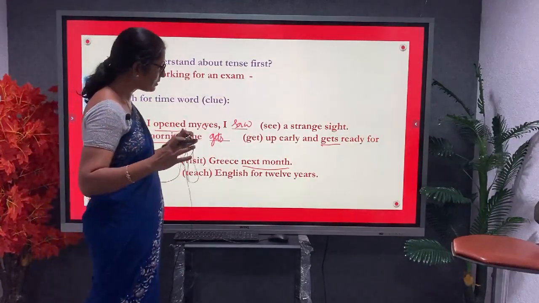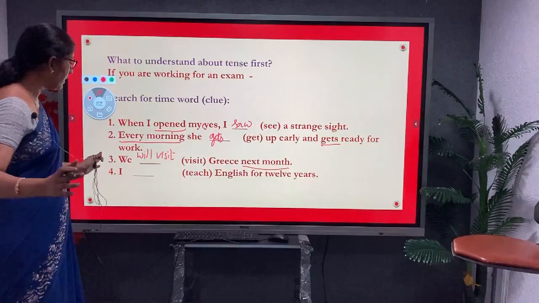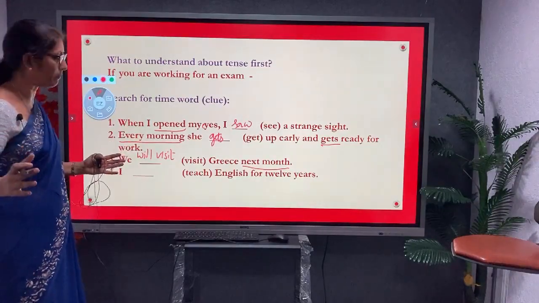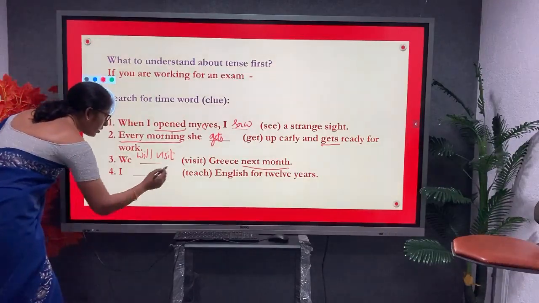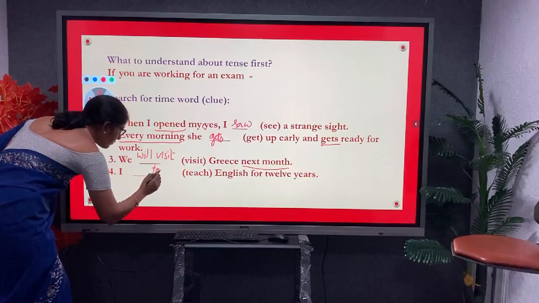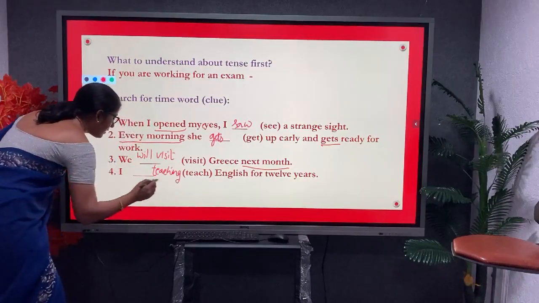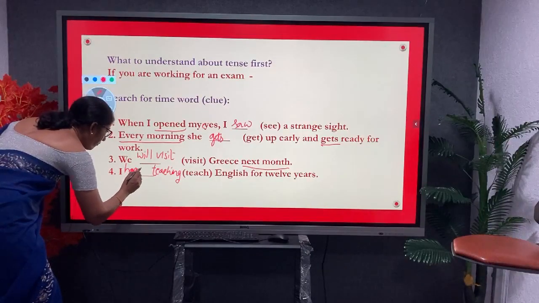So 12 years means it's a long time, and it is indicating a continuous action for a long time. That means perfect continuous. Continuous means V4, teaching. So it is present perfect continuous: I have been teaching.